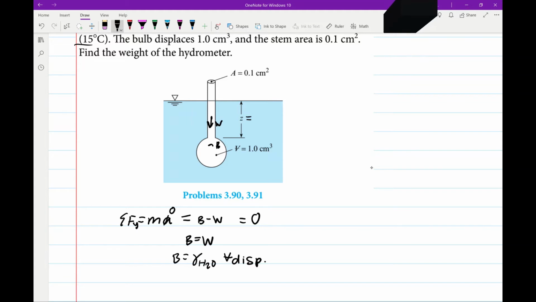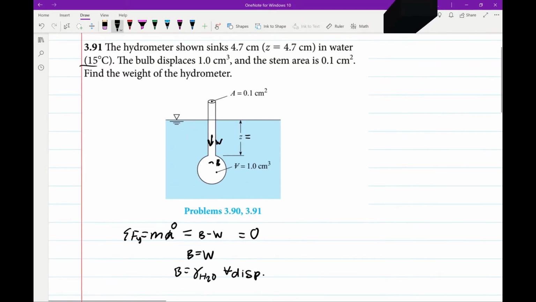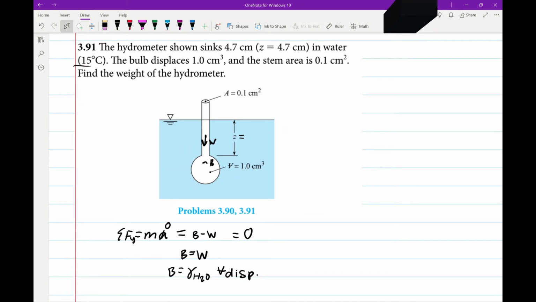Okay, so how do we find these two values? Well, specific weight of H2O is pretty easy to find. We're just going to look at the problem statement and find the information that they give us. It gives us water at 15 degrees Celsius.